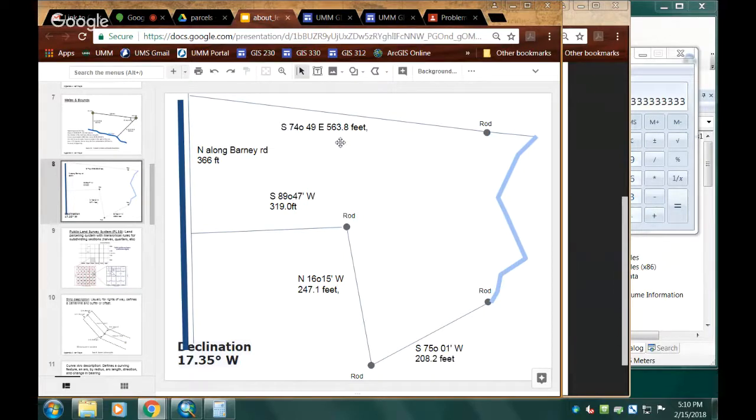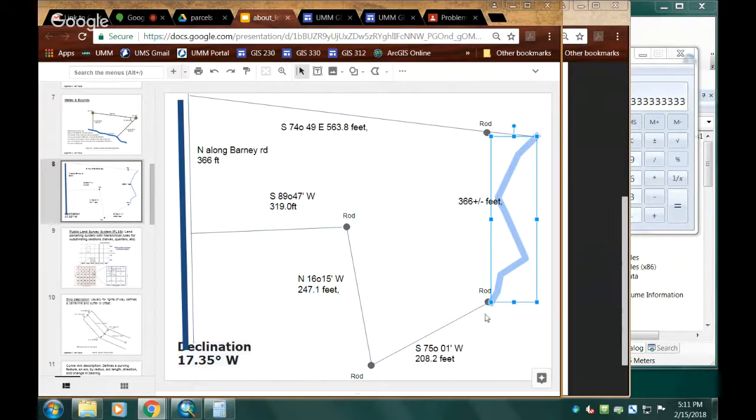And that's 366 feet, I think they said. So 366, and it's common to use plus slash minus if they say more or less.